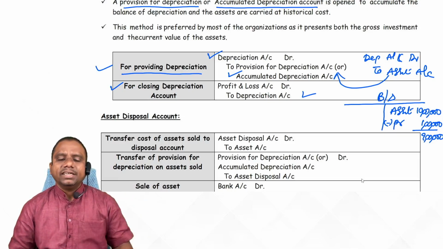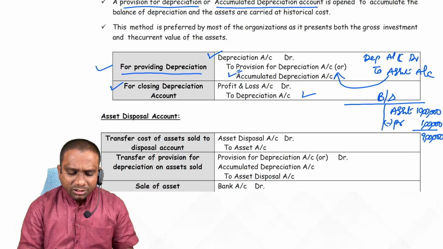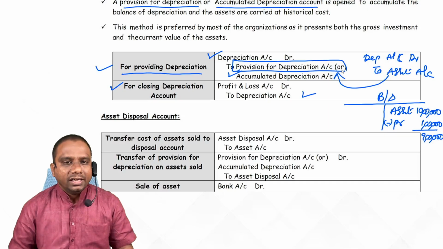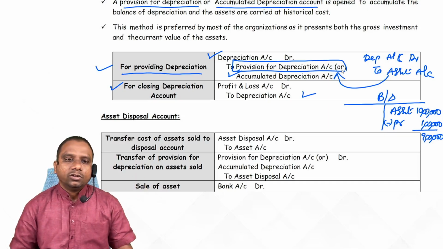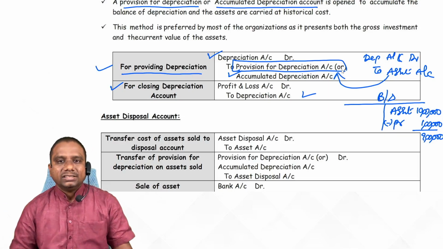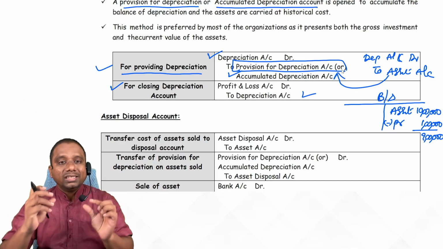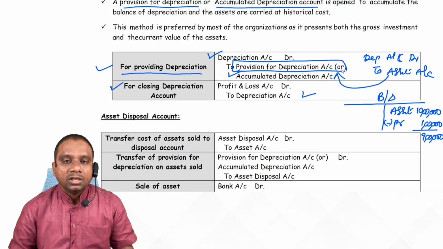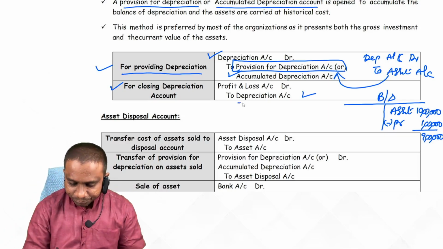So for that, what is the entry we record? Generally, provision for depreciation account shows a credit balance. Now we are transferring. Entry: provision for depreciation account debit to asset account. Here, the asset value gets decreased by the provision for depreciation amount.